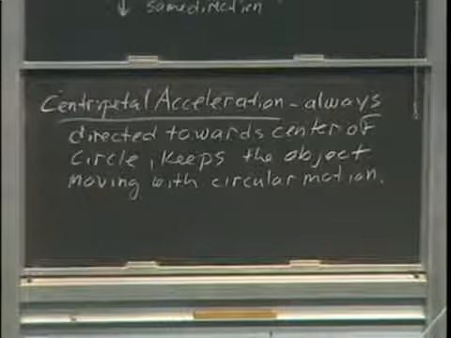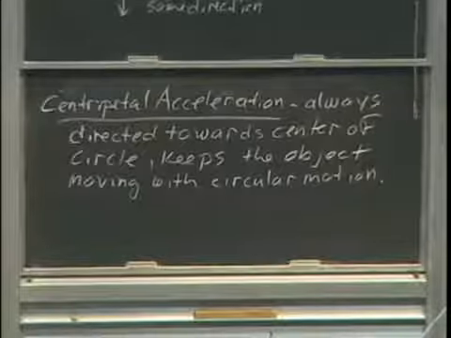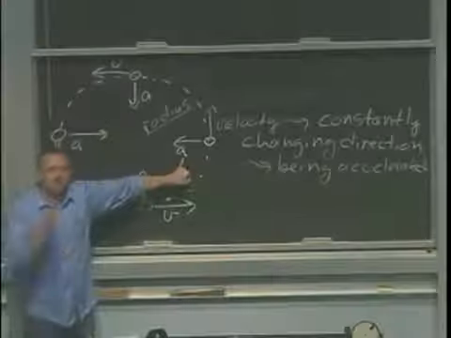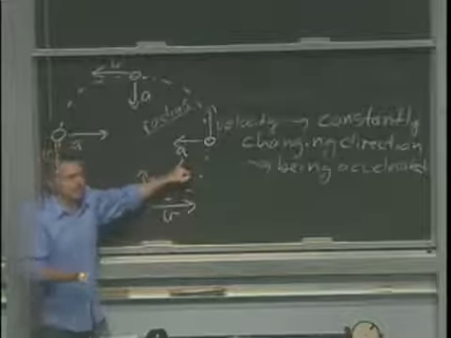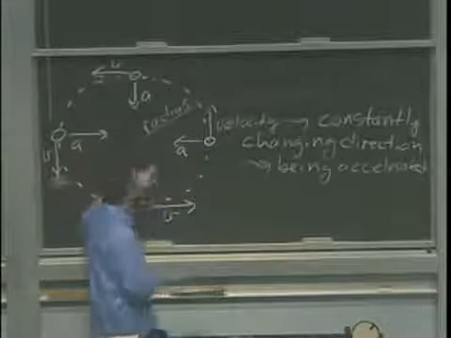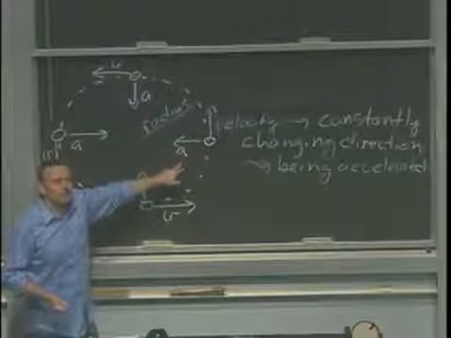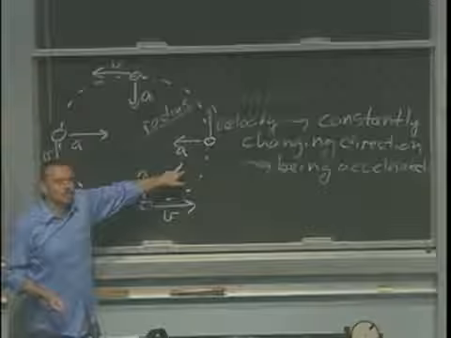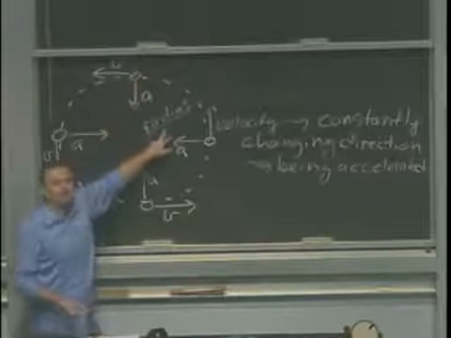Okay, so we know accelerations are like velocities. They're vectors, right? Accelerations have a magnitude and they have a direction. So let's try to figure out, at least a little bit intuitively, what the magnitude of the acceleration has to be in order to keep this object, which is moving with some velocity v, with some radius.